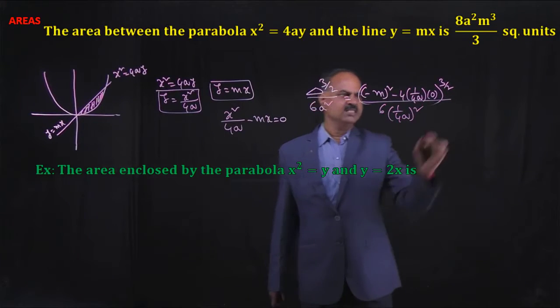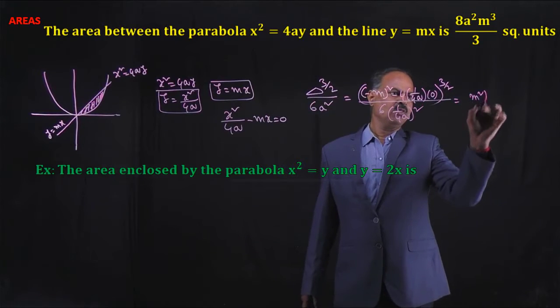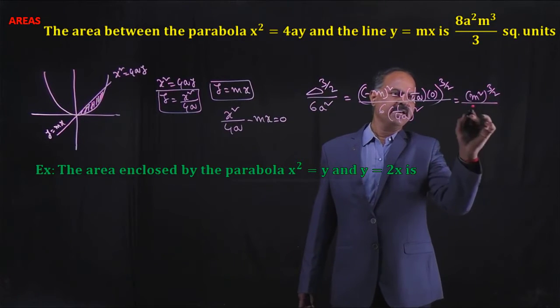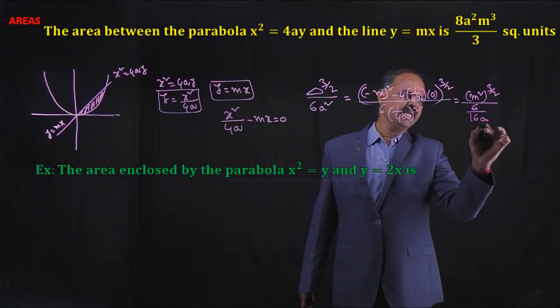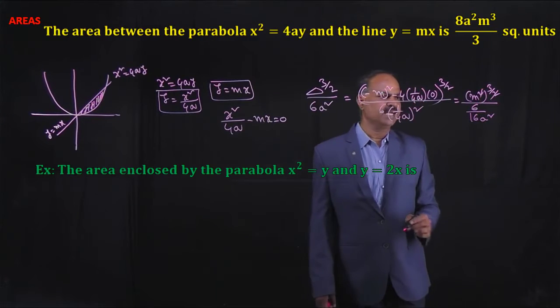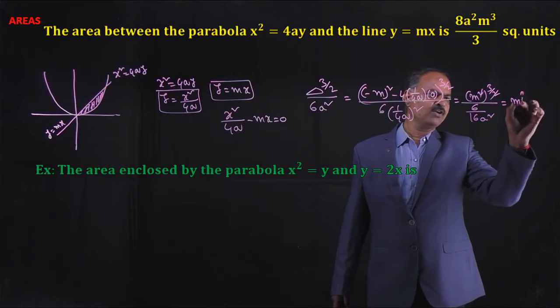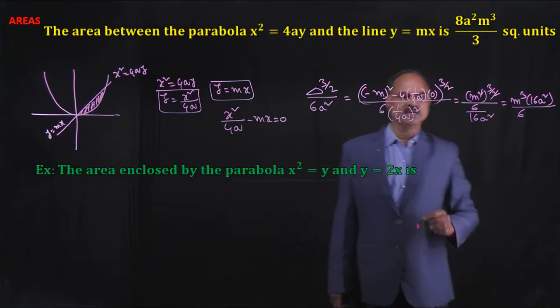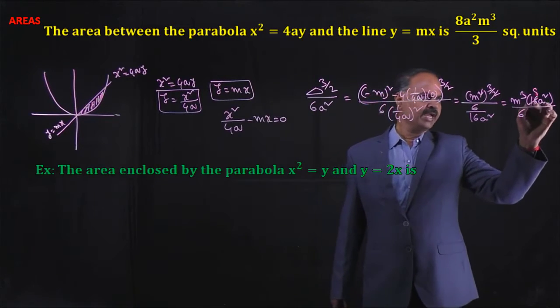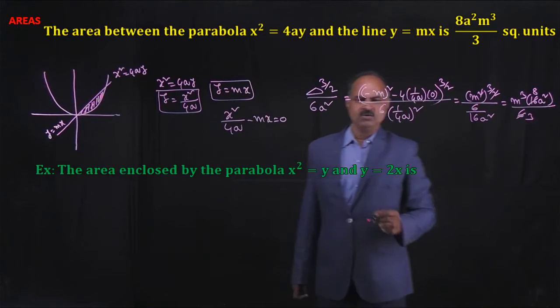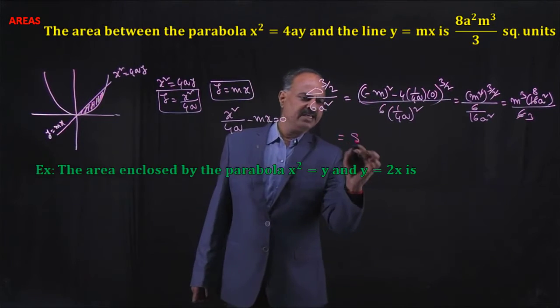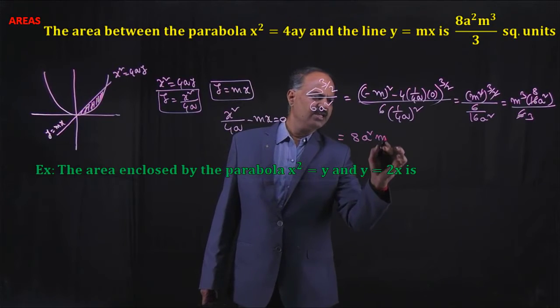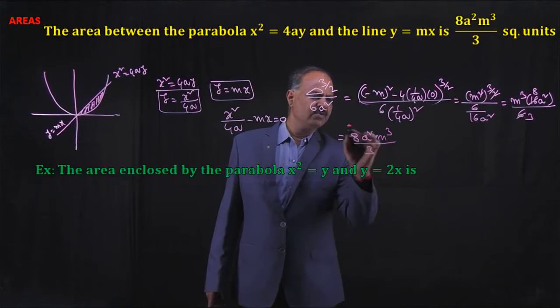Now that is equal to m square whole to the power 3 by 2 by 6 by 16a square. Here this 2 and 2 get cancelled. That is equal to m cube into 16a square by 6. Now 2 into 8, 2 into 3. Now this is equal to 8a square m cube by 3 square units.